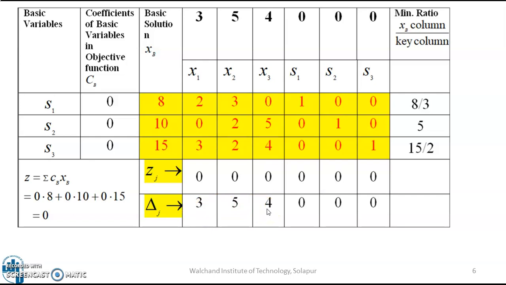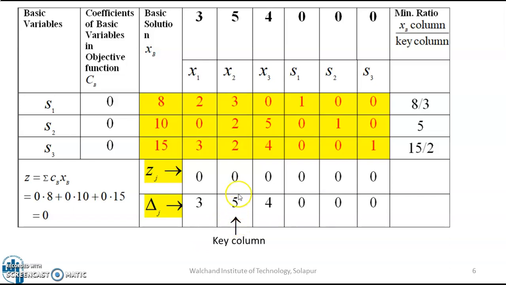Okay. Now we have to move to step number 4. Step number 4 is finding the incoming variable and the outgoing variable. First of all, we will find the incoming variable. The incoming variable is decided by finding the largest positive number present in the delta j row. Here we can see that this 5 is the largest positive entry.